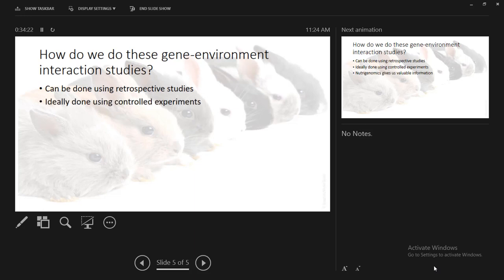And then ideally, a lot of this work now is done using controlled experiments. A lot of these are even controlled experiments on humans, where we'll recruit people with the genetic illness, recruit people without the genetic illness, and change their diet.